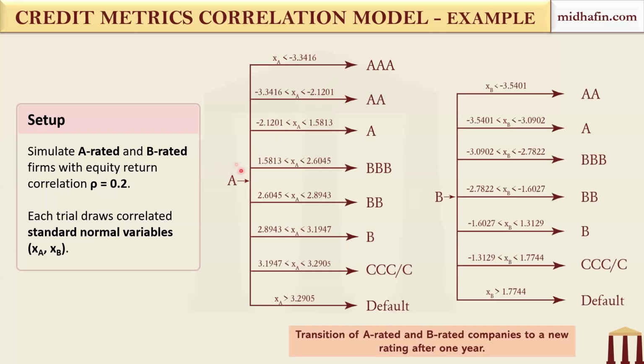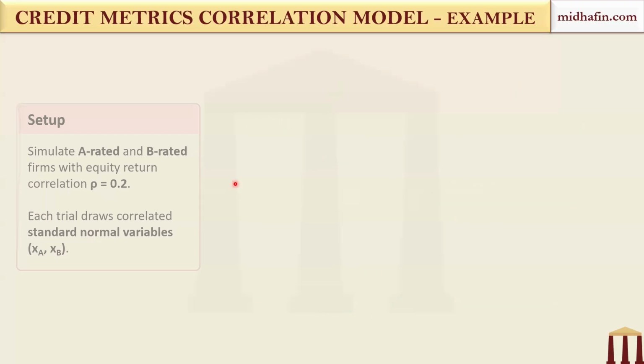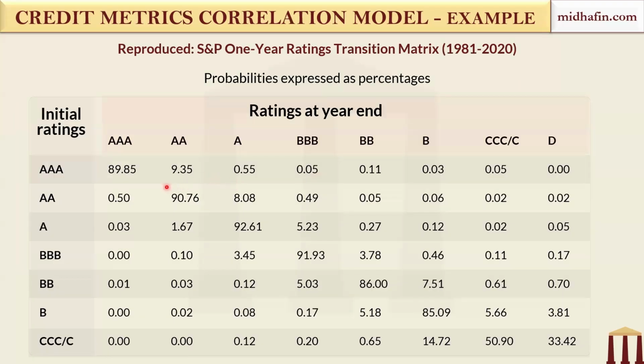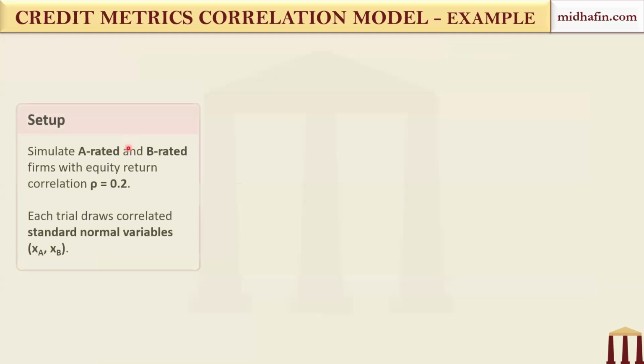So for the A-rated firm, if you see the cumulative probabilities, it has a 0.03% chance of being upgraded to AAA.